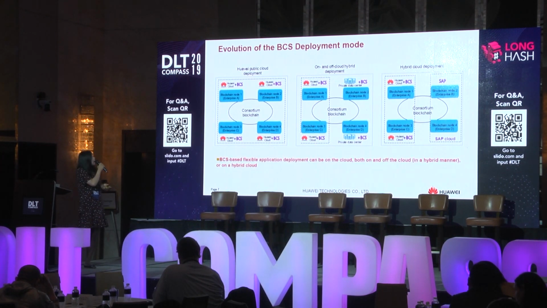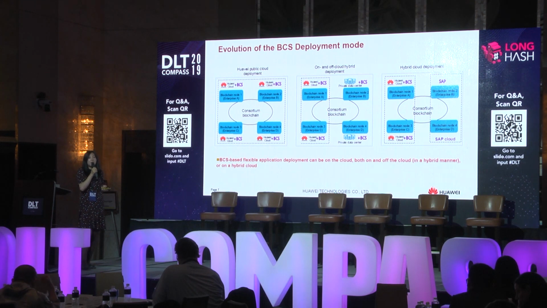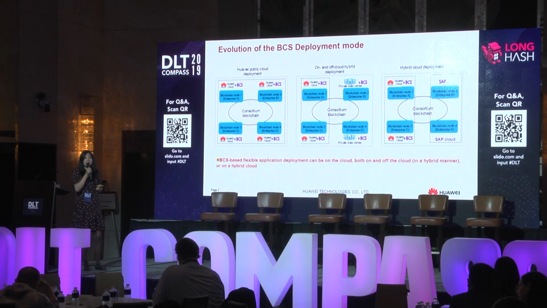This is the deployment topology. We now support deploying all your nodes and peers in Huawei public cloud. This is the first one. You can also use our offline version to deploy the chain code in your on-premise private data center.